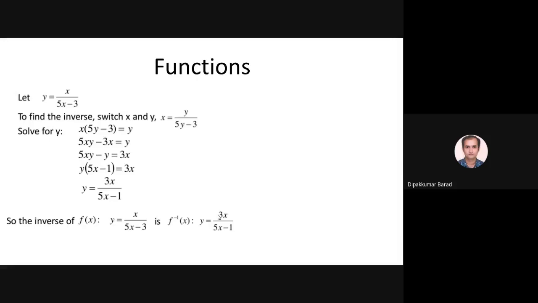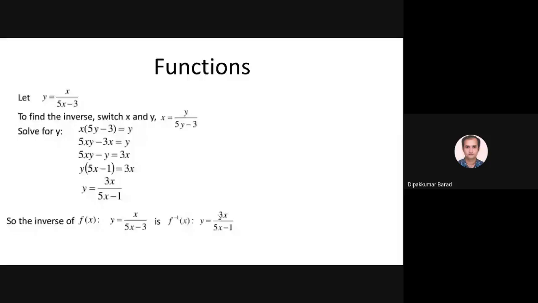So x is equal to y upon 5y minus 3, so 5xy minus 3x equal to y, 5xy minus y equal to 3x. Taking y common, y times 5x minus 1 is equal to 3x, so y equal to 3x upon 5x minus 1. We keep the inverse of the function as 3x upon 5x minus 1. In this way we can find the inverse of a function.